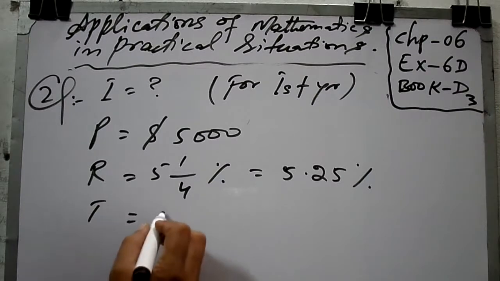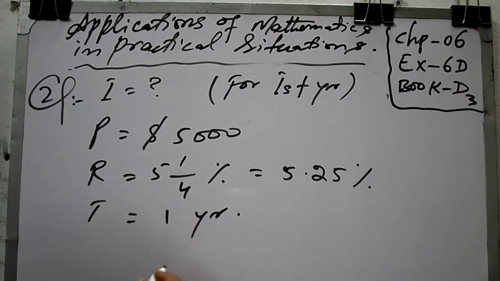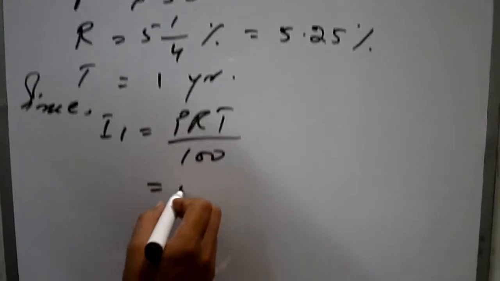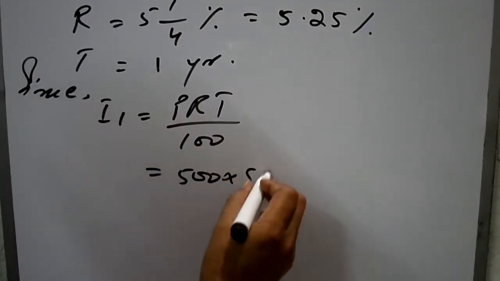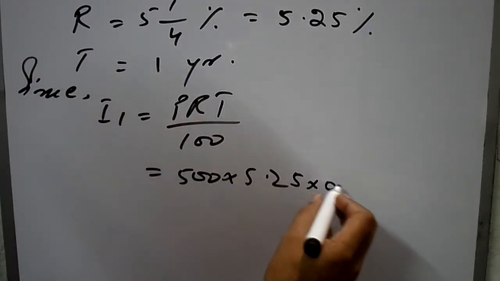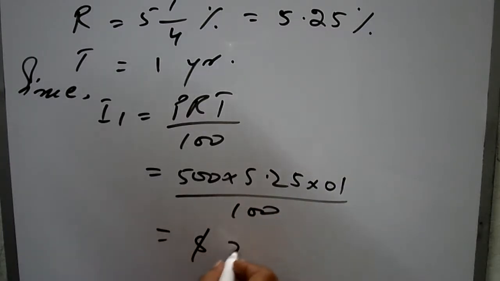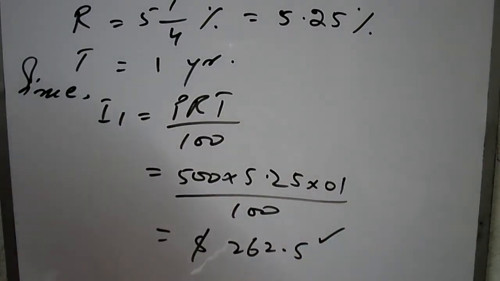Time is equal to 1 year. So we have the formula, interest is equal to PRT divided by 100, putting the values, you will get $262.5. So that is the amount calculated in the first year.